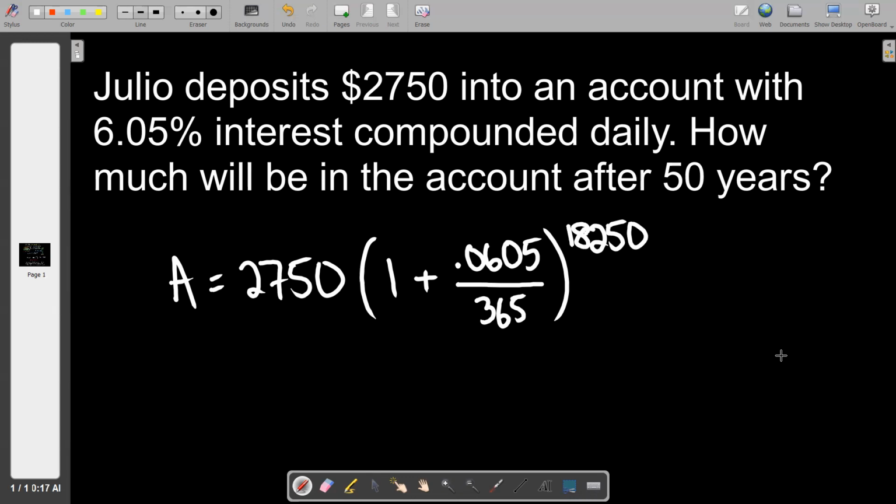Good? Okay. So I'm going to type in 2750, parentheses, 1 plus 0.0605 divided by 365, close parentheses, to the power of 18,250.